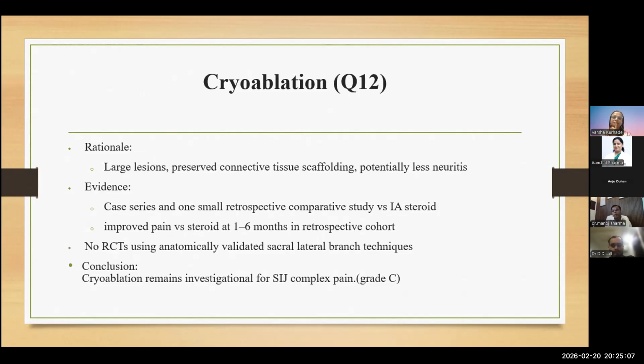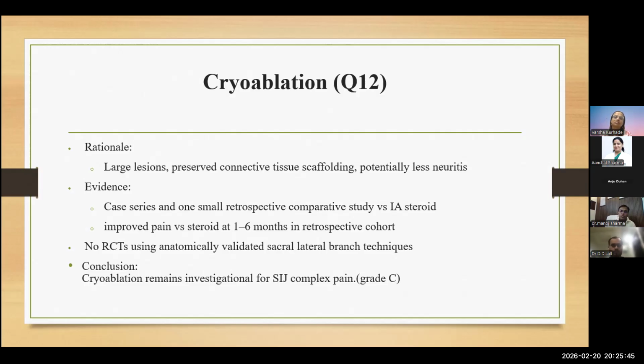Then, can we use cryoablation for sacroiliac branches? The advantage of cryoablation is that it provides larger lesions, preserves the connective tissues, and causes less neuritis and less nerve damage, because it causes only grade 2 or grade 3 nerve injury compared to conventional RFA. Improved pain compared to steroid injection at 1 to 6 months was found in a retrospective cohort study.